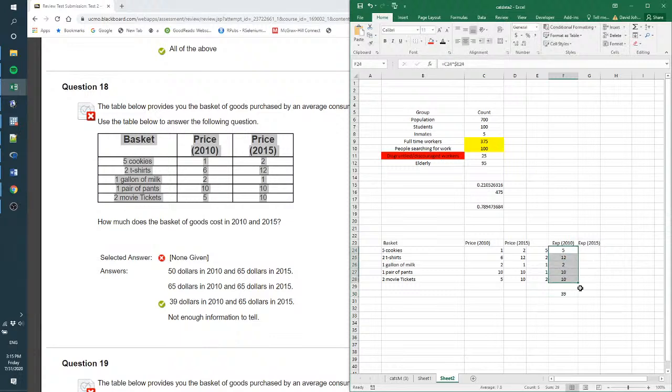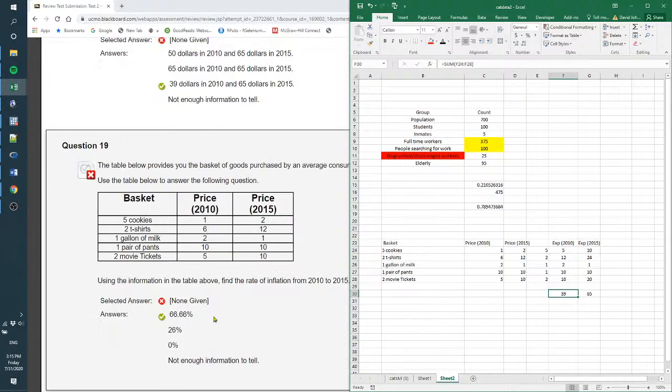And we can do the same thing for 2015. Oh, that was dumb. And then find the sum. So it's going to be $65 in 2015 and $39 in 2010.